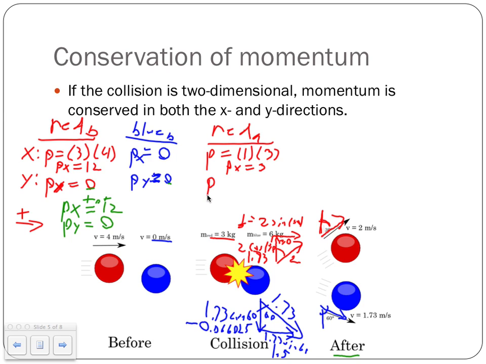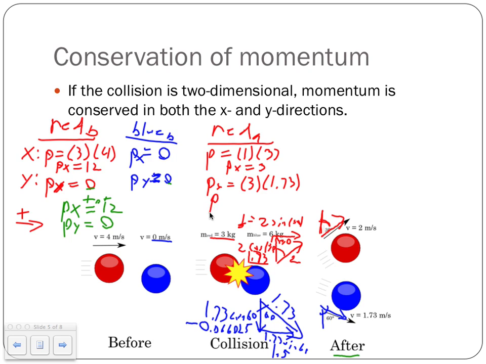All right, our next one will be in the y direction. So in the y direction, Py should be equal to, once again, the mass times the velocity. The mass is going to be 3. The velocity in the y direction we found was 1.73.